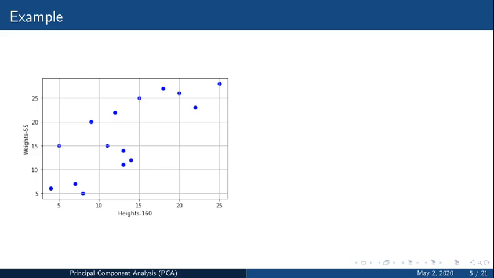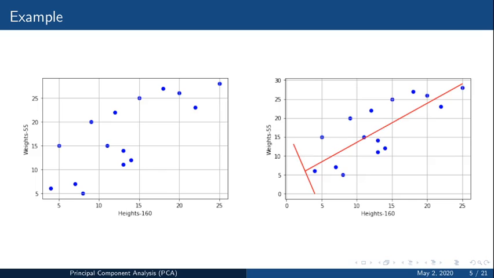It is possible to do PCA on this data. For example, it will look like this. Let's say we have rotated our axis, and the new axis is shown in red. If we have rotated the axis, then most of the variability in the data lies along one axis, the large axis.